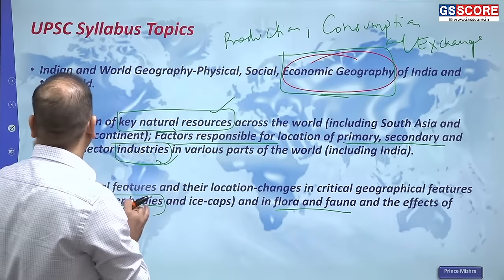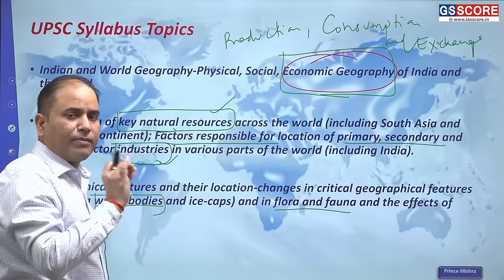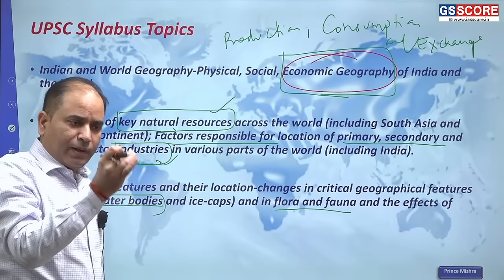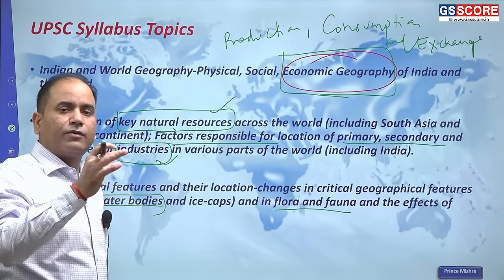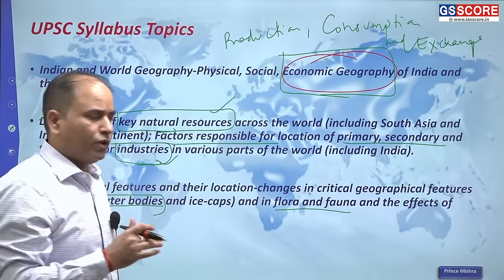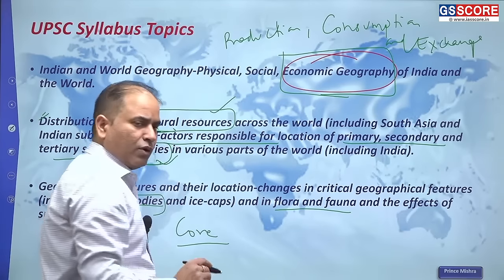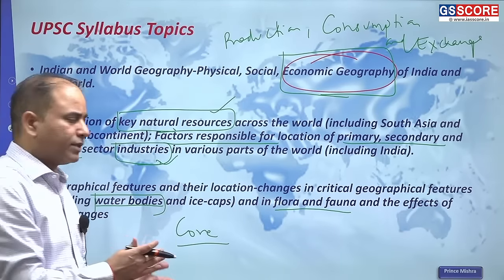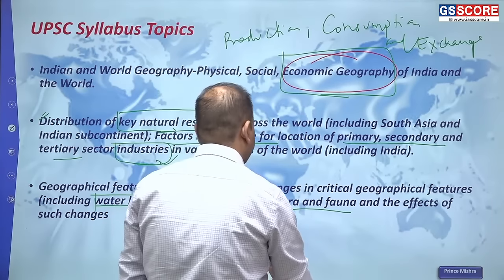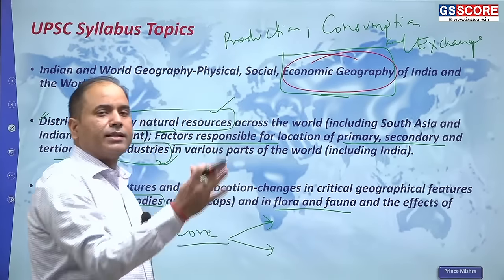Whenever topics are studied in economic geography, they are studied from the perspective of a core geographical approach. So what is this core geographical approach? You need to know it. The core geographical approach is where distribution is involved, where variation is involved.